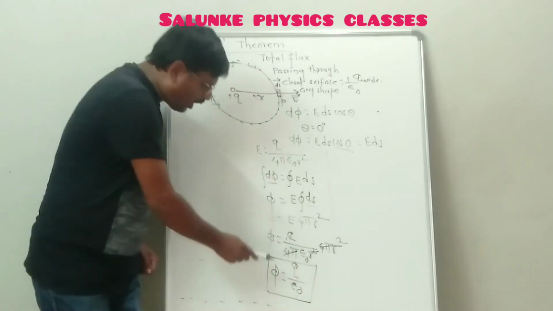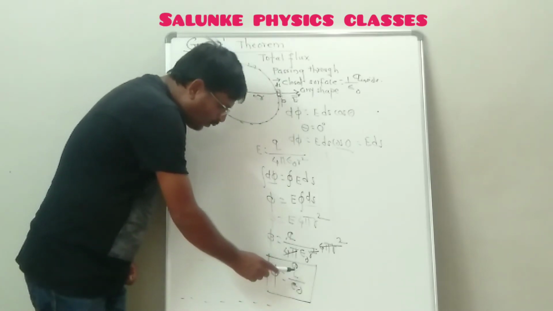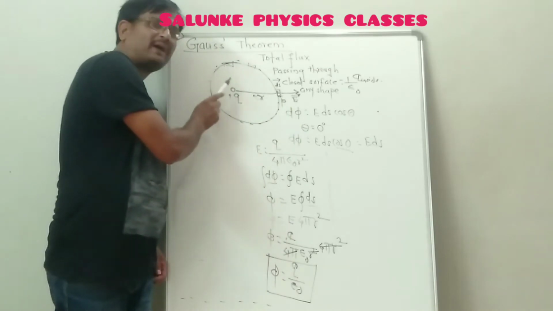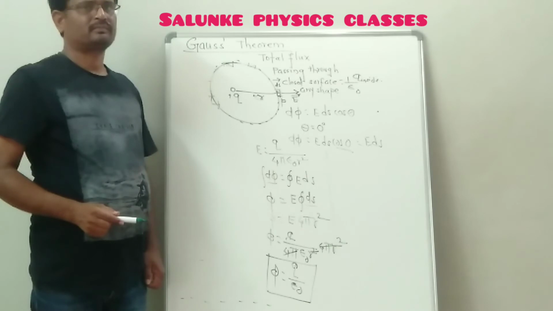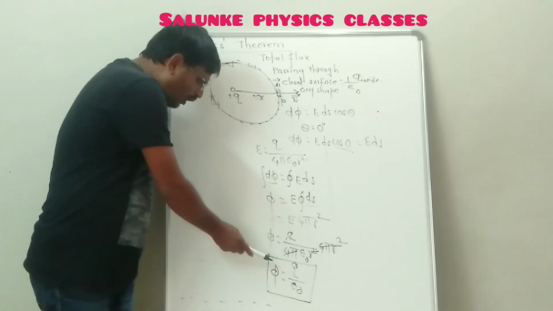This is our Gauss theorem, which is proved. Phi is equal to 1 upon epsilon 0 times the total charge enclosed by this surface. Gauss theorem holds for single charge.